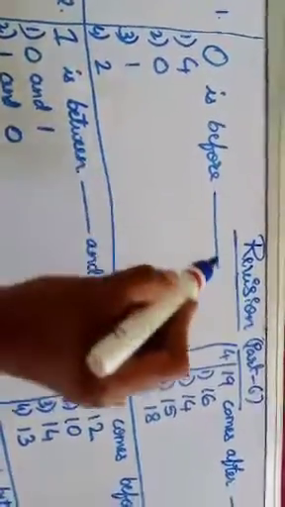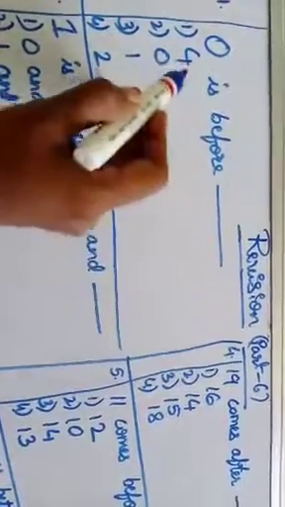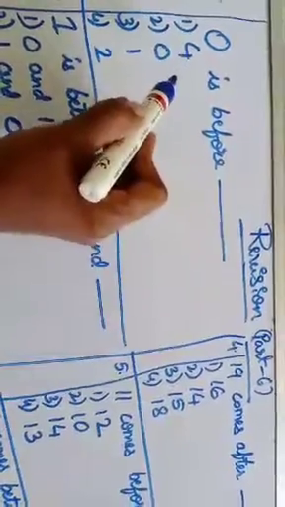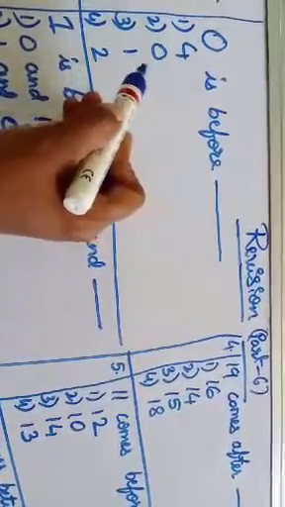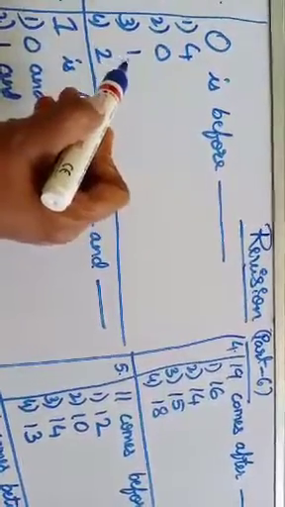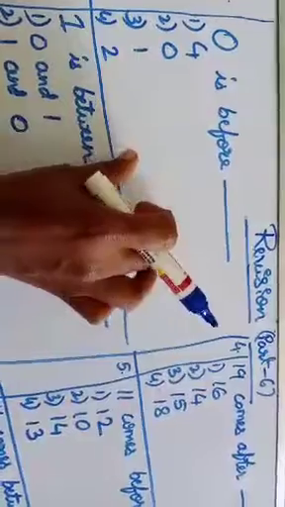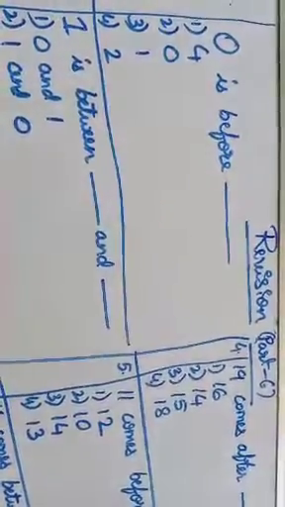So, okay, the first one is 0 is before dash. Options are 4, 0, 1, 2. If you want, you can make a rough work here. Otherwise, you can go through the direct answer.